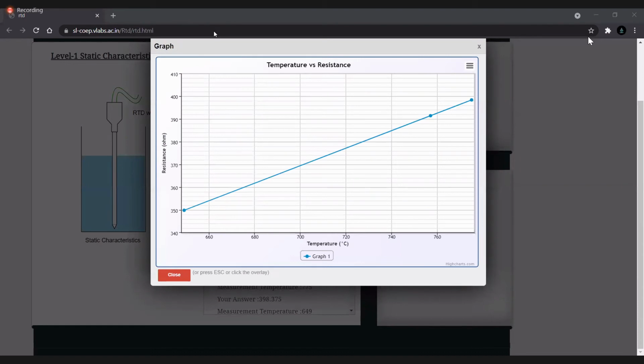And you have calculated values for 3 temperatures. What are those 3 temperatures? On the graph you can see, right? Sir, x-axis 649, sir.